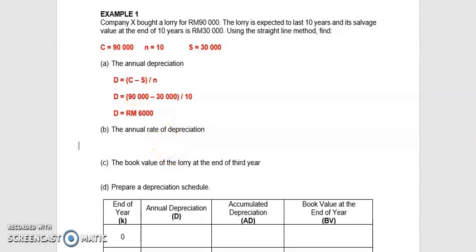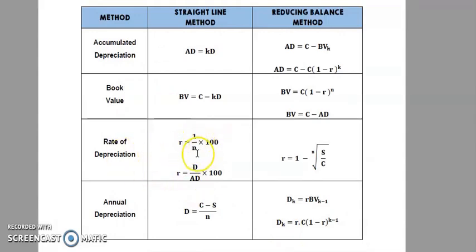Okay, B, the annual rate of depreciation. Just now we had 6,000 in terms of amount, in terms of ringgit. Now we want to express this 6,000 per year as how many percent. If you look at the formula just now, the simplest formula that we can use is 1 over n multiplied by 100.